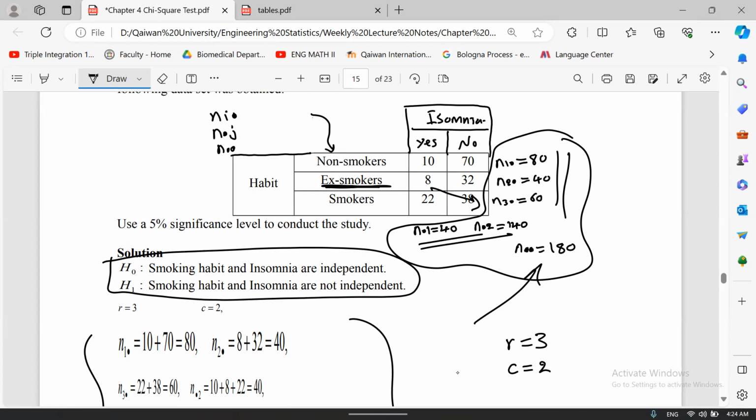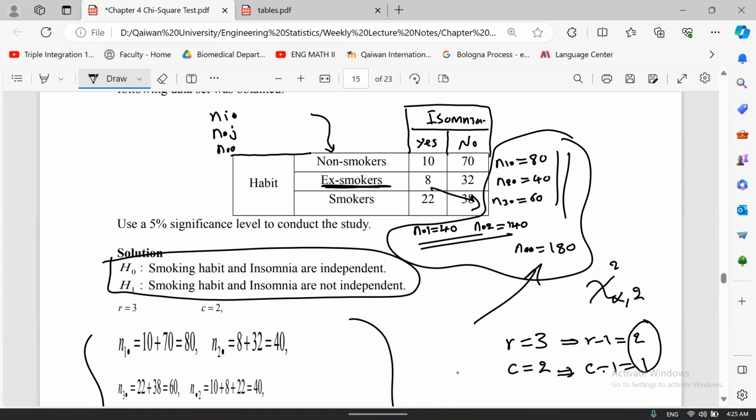We need to find chi-squared for alpha and (C minus 1) times (R minus 1), or (R minus 1) times (C minus 1). R minus 1 is 2, and C minus 1 is 1. Multiply these two, which is 2.